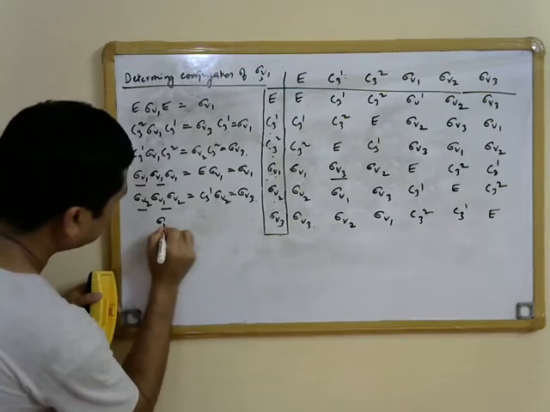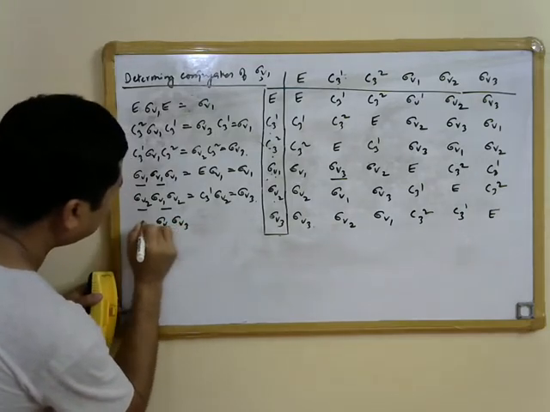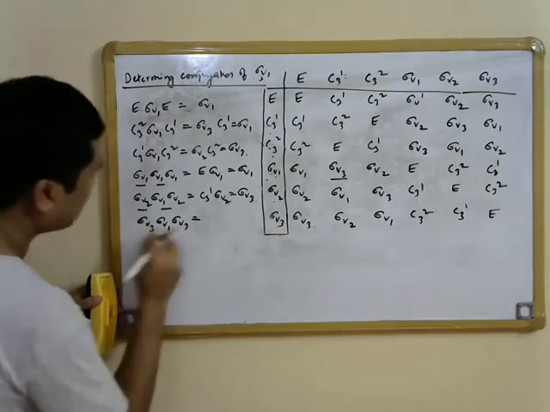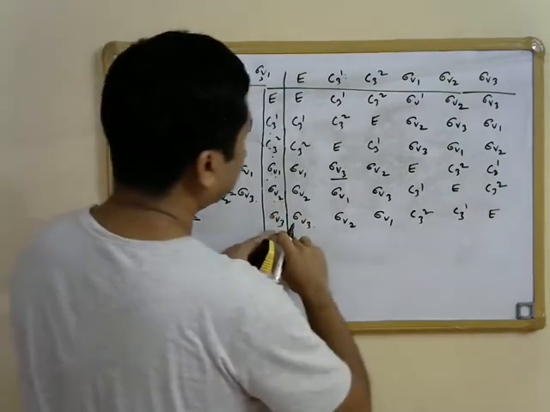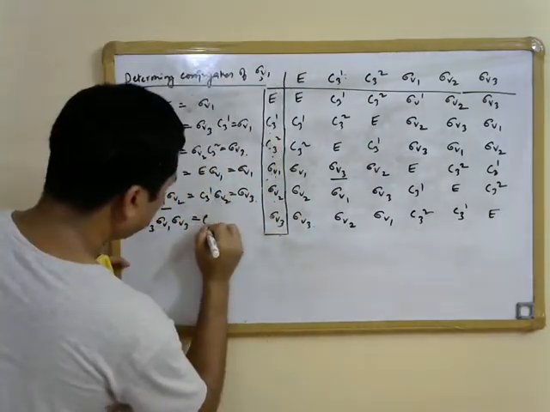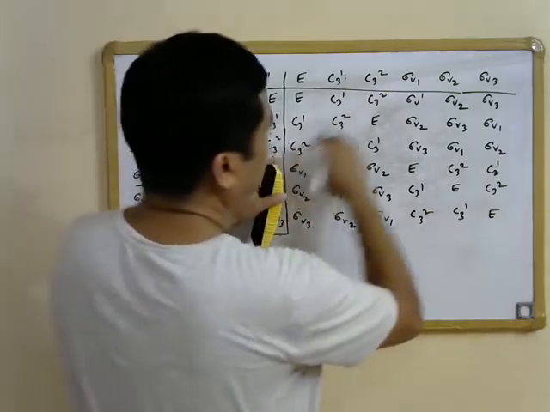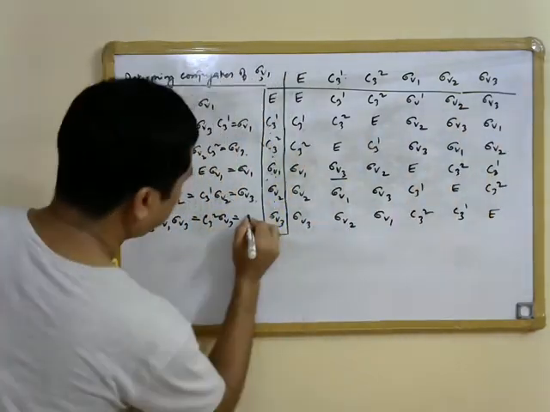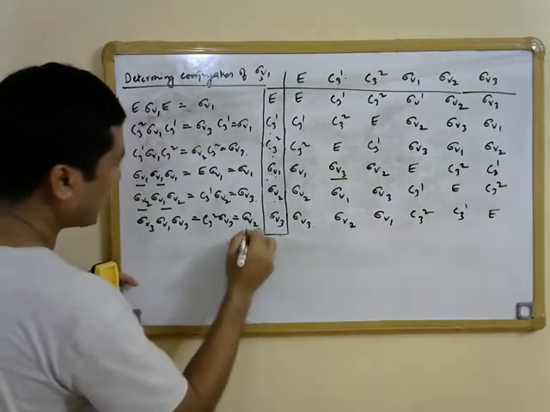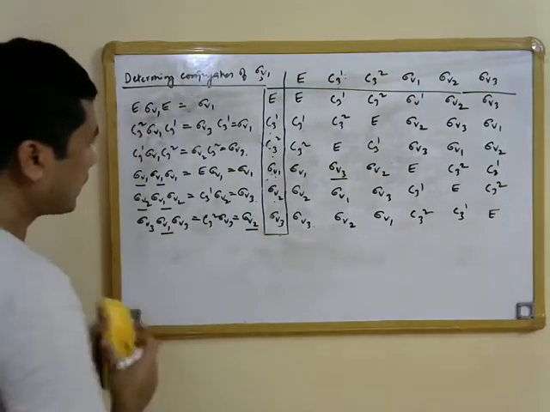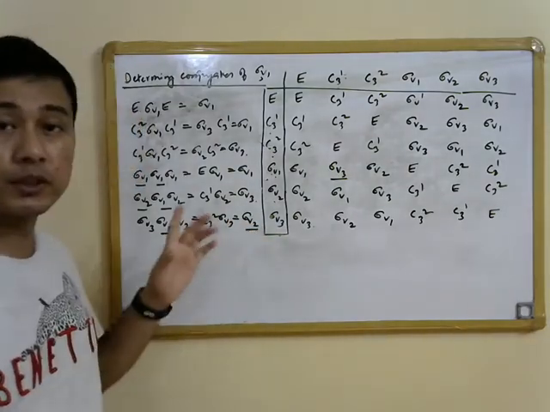Then sigma v1 sigma v3: sigma v3 sigma v1 sigma v3 gives c32 sigma v3 c32, and sigma v3 c32 gives sigma v2. So again sigma v1 is a conjugate of sigma v2 as well.